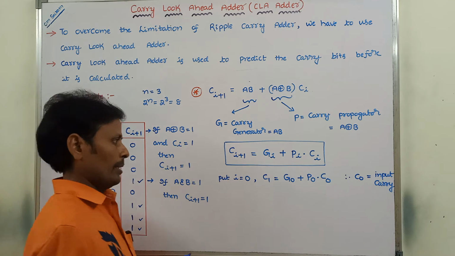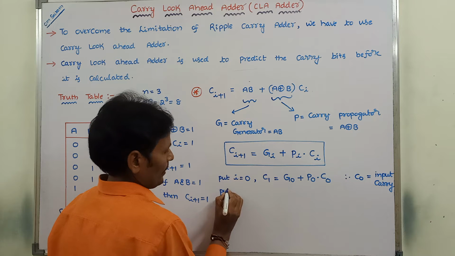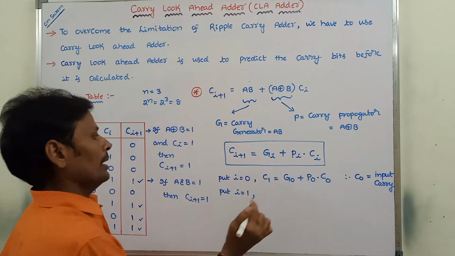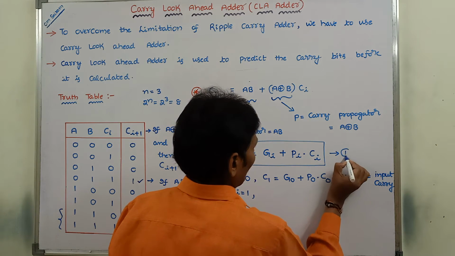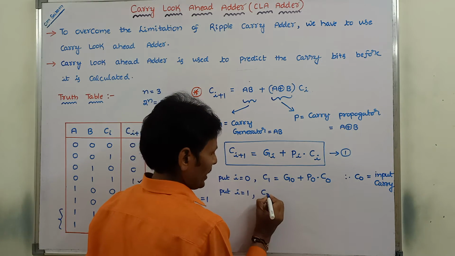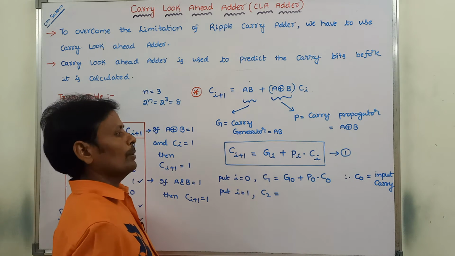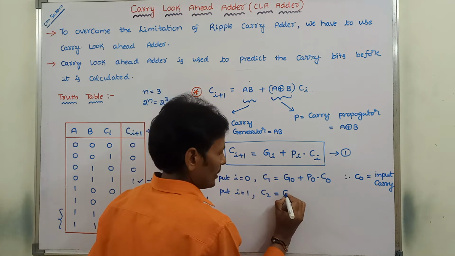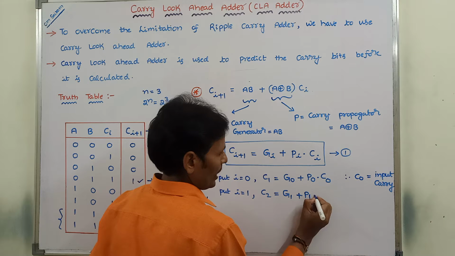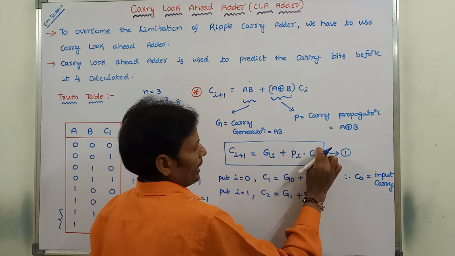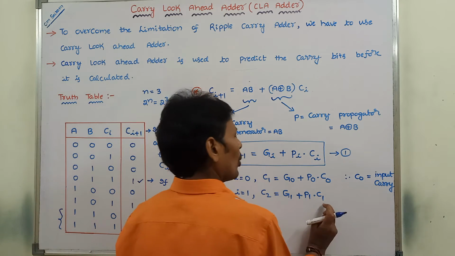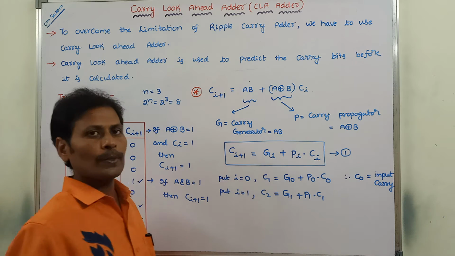Okay, next, put I is equal to 1 in the above equation. In this equation 1, whenever I value 1 is substituted, it becomes C2. C2 is equal to G suffix I, meaning G suffix 1, plus P suffix I is nothing but P suffix 1 into C suffix I is nothing but C suffix 1. We already know the C suffix 1 value, the C1 value.